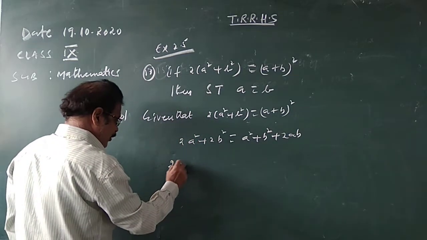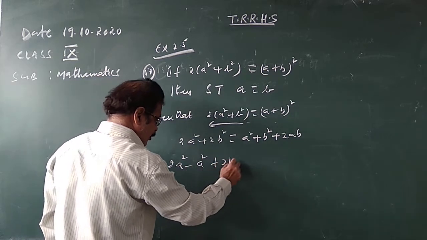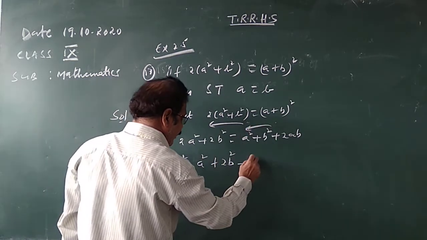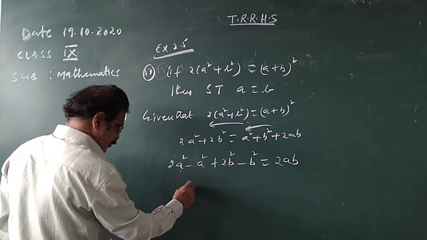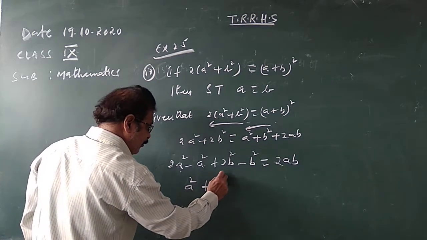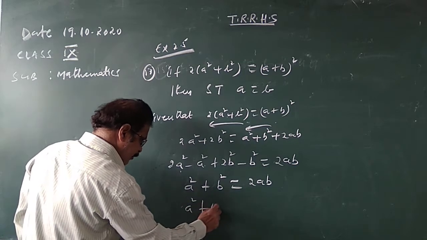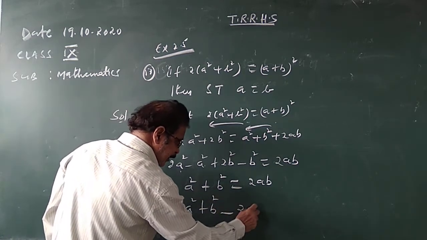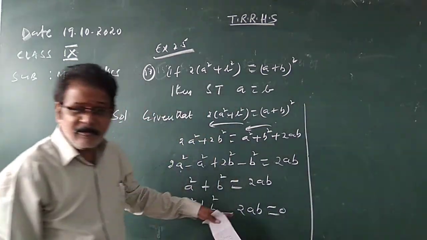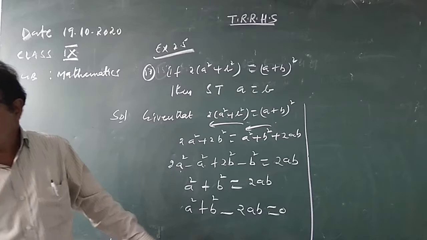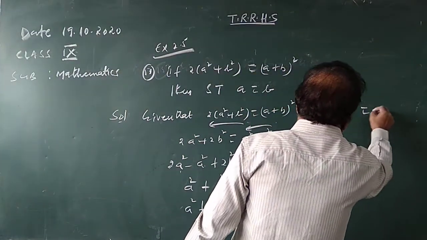So shift all terms to this side: 2a square minus a square, 2b square minus b square, equals 2ab. So a square plus b square equals 2ab; shifting 2ab to the left side, the right side is 0. So a square plus b square minus 2ab, which means a minus b whole square, equals 0.